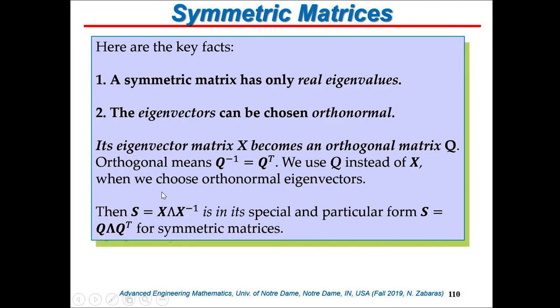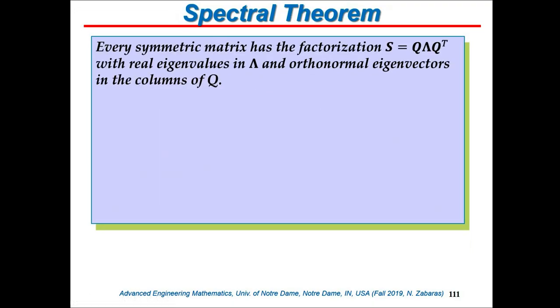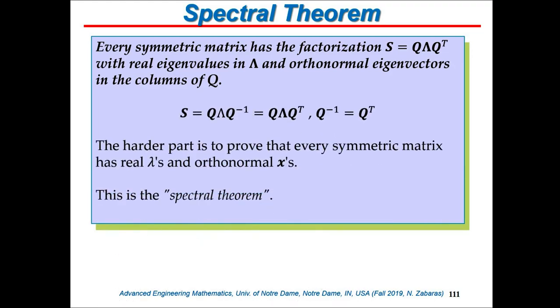and lots of times this expression, Q lambda Q transpose for symmetric matrices, you will see in the literature written down as what is called the spectral theorem. So let me just write it. The spectral theorem says that a symmetric matrix can be written as the product of an orthogonal matrix times a diagonal matrix times Q transpose.